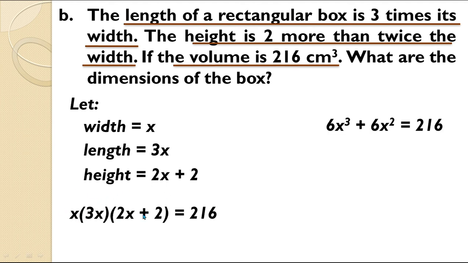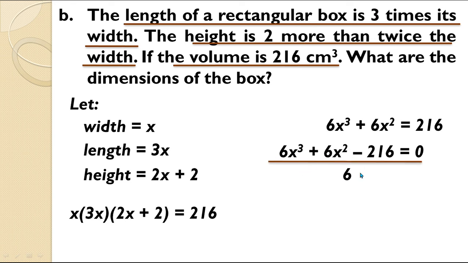So, kapag nakuha natin yung product, ito yung makukuha. Then, equals 216. And para mas malesen or mas magaan yung gagawin is we can transpose muna. Pwede nating kunin yung lowest term. I-divide natin sa 6. So, yung lowest term ay x cubed plus x squared minus 36 equal to 0.